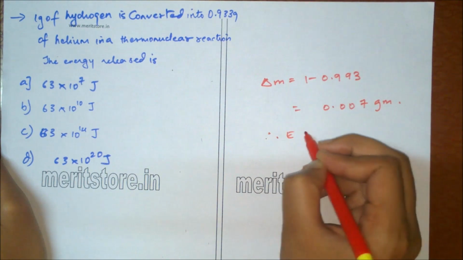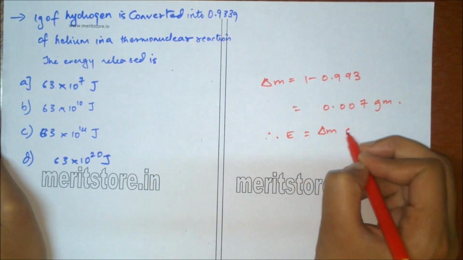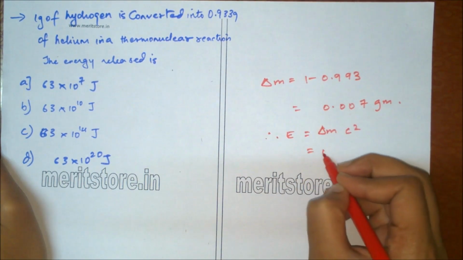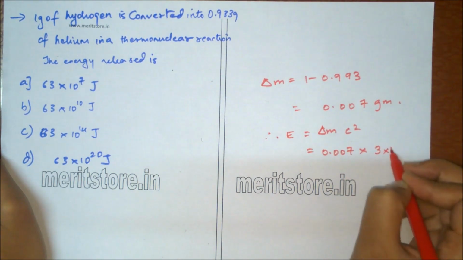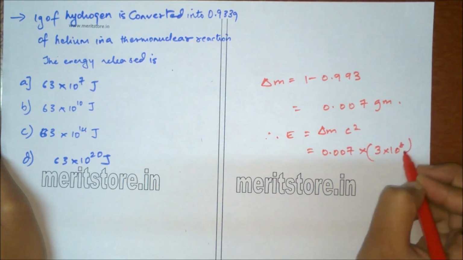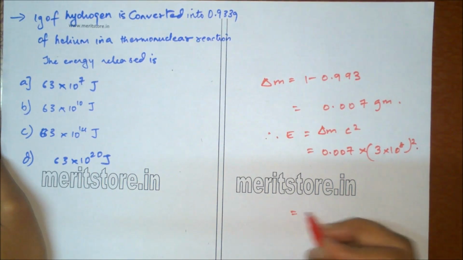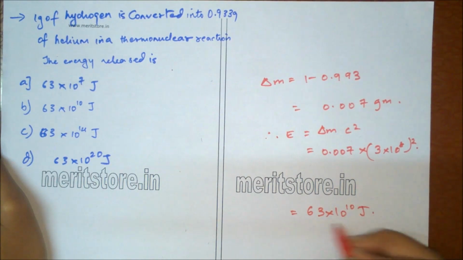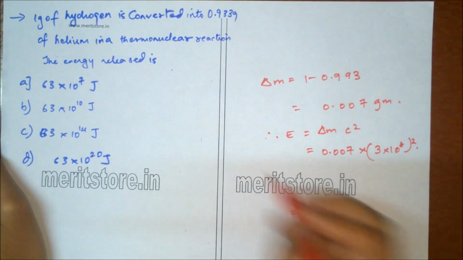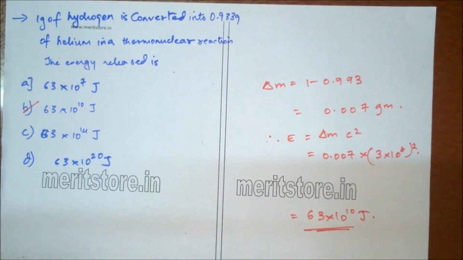Therefore, energy is equal to delta m, change in mass, times c square. So 0.007 into c square, where c is speed of light, the whole square. So we get 63 into 10 raised to 10 joules on solving. So option B is the correct answer.